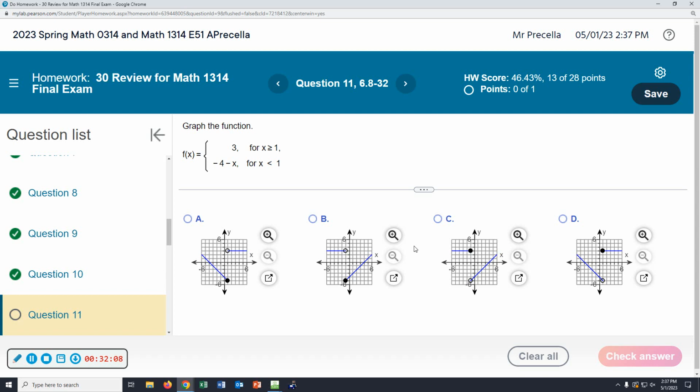It's graphing a piecewise function, and you'll notice it's multiple choice.